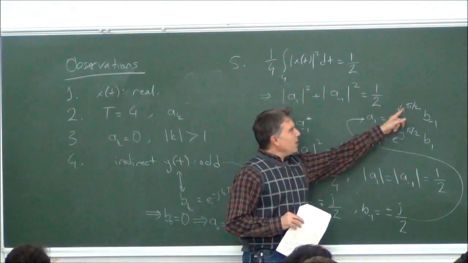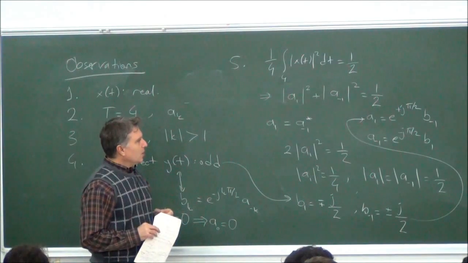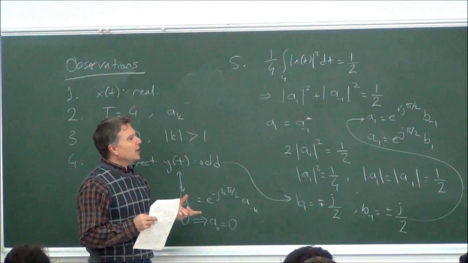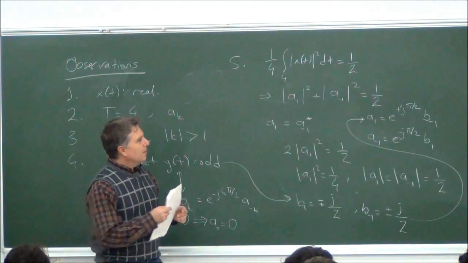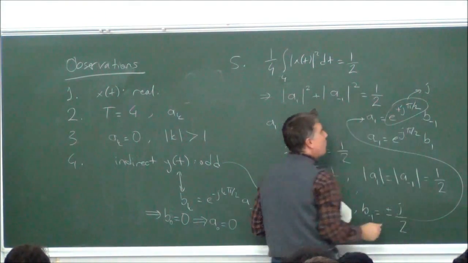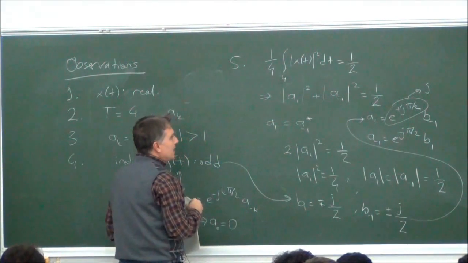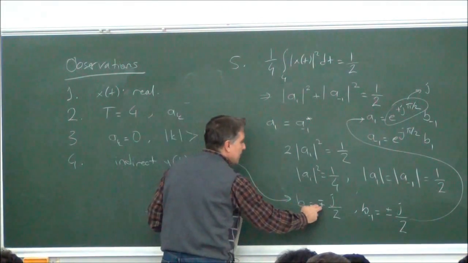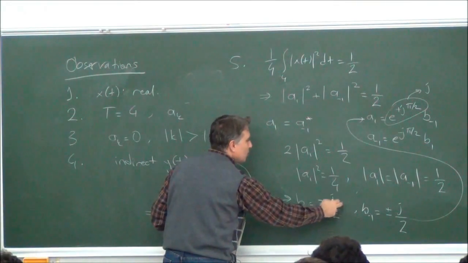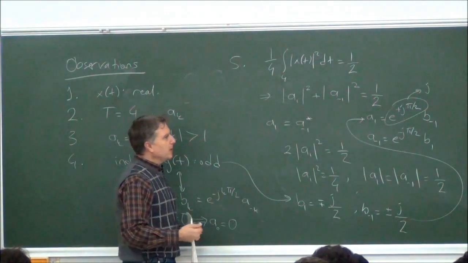This e to the j pi over 2 thing corresponds to a plus j, or a minus j for the other one. So that's equal to j, and when you multiply plus or minus j over 2 by j, what does it become? Plus or minus 1 over 2 it becomes.